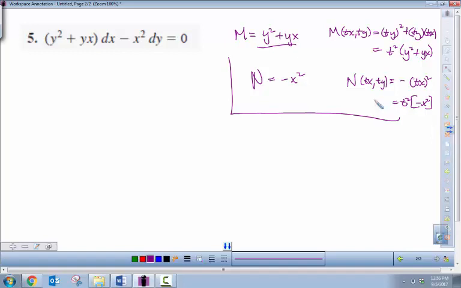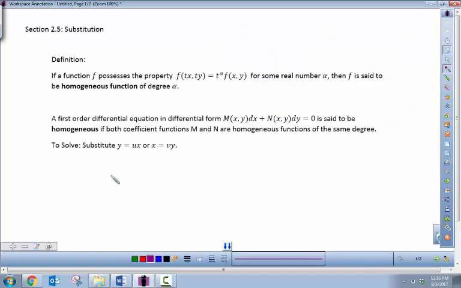Okay? So now the next step is to make a substitution, and we could choose to let y equals u times x or x equals v times y and see what happens. So let's try the first one, y equals u times x.